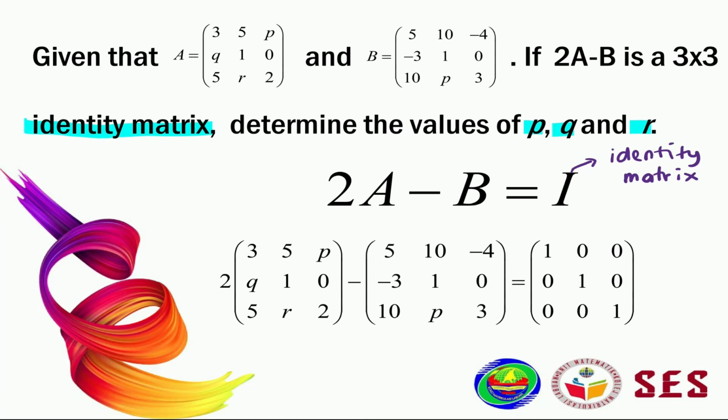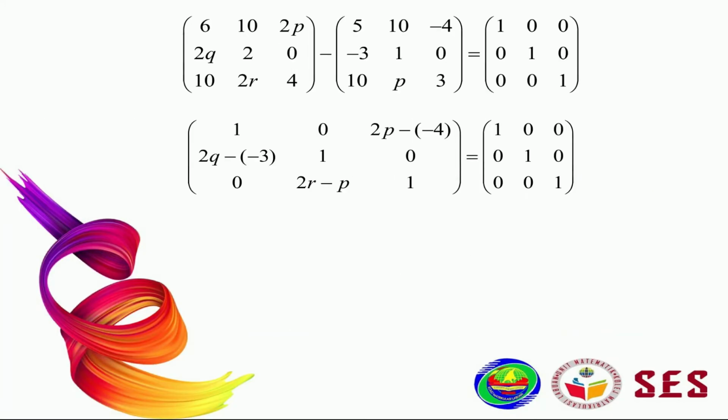So you just substitute the value of matrix A and matrix B into the equation. So in order to find P, Q, and R, we actually need to compare left hand side with right hand side.